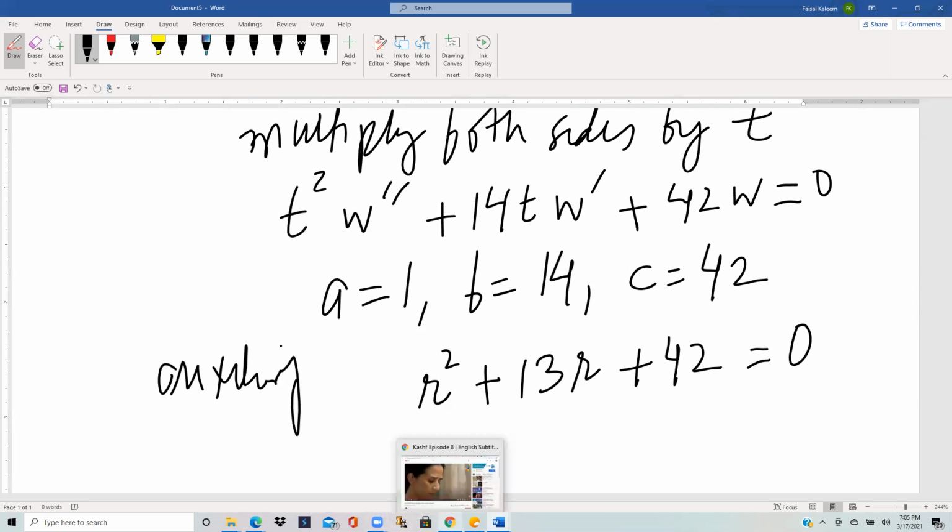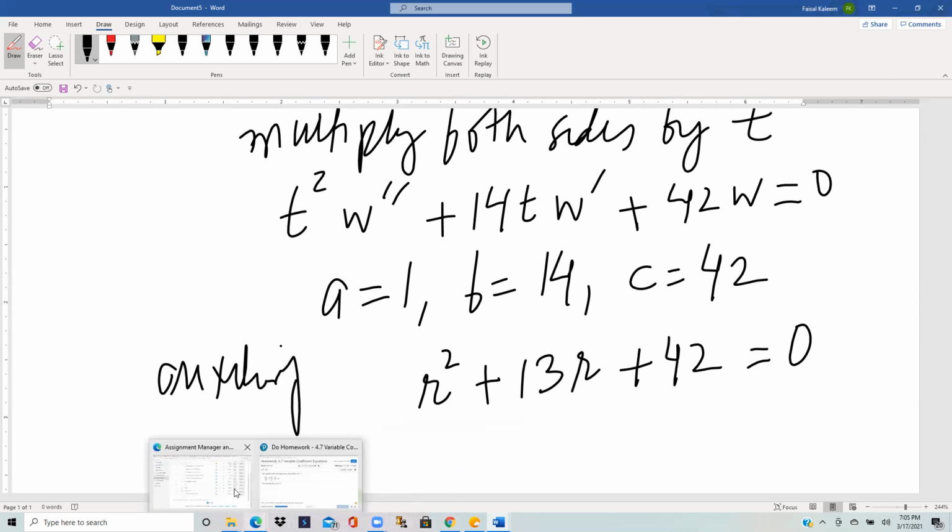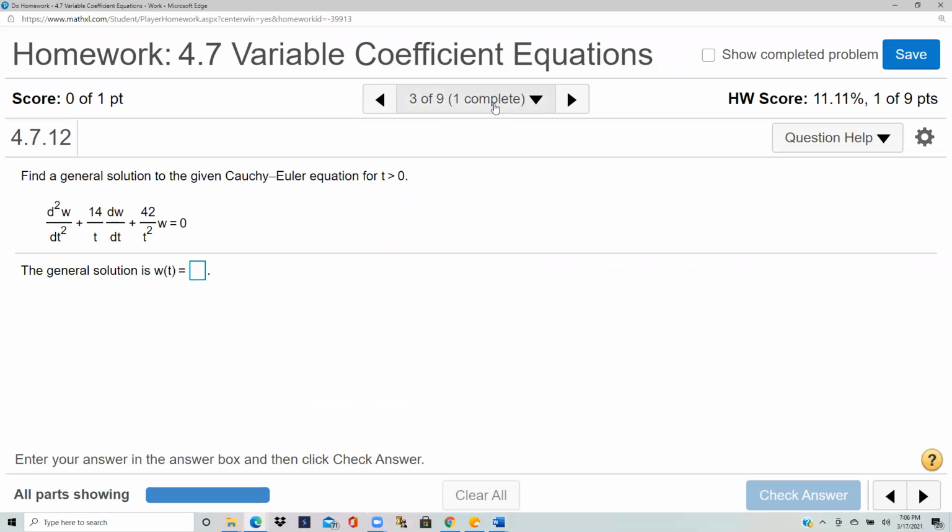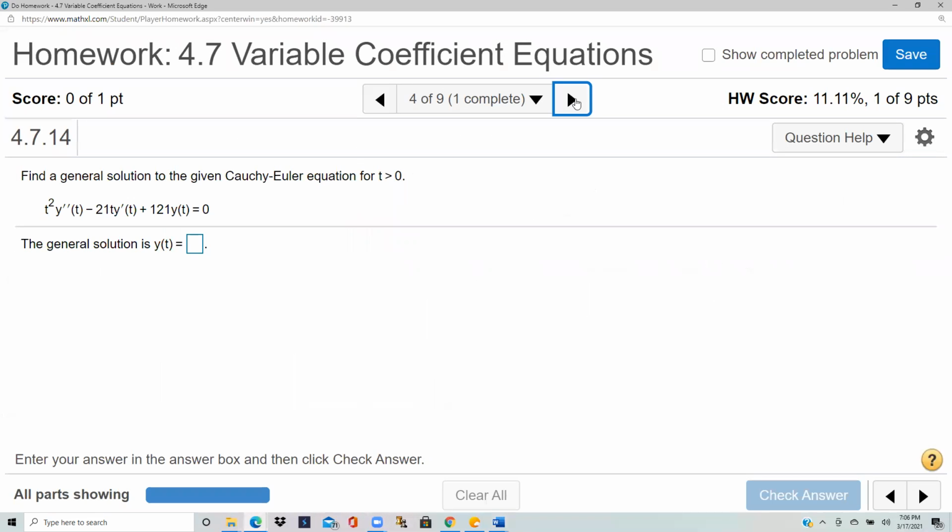And now let's look at the next one. This is nothing different. The only thing is you will get complex roots, and then you just look at the third case that we talked about.